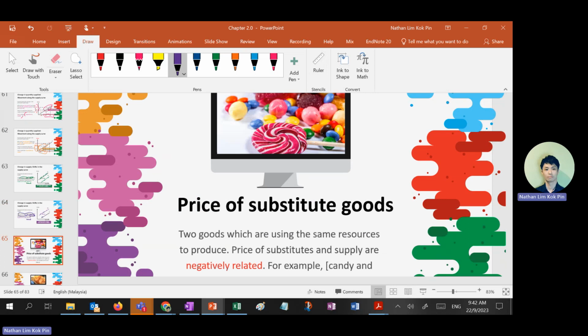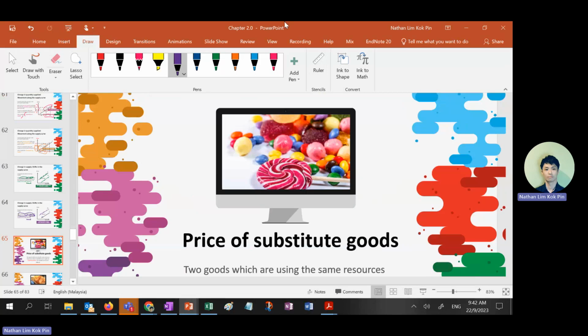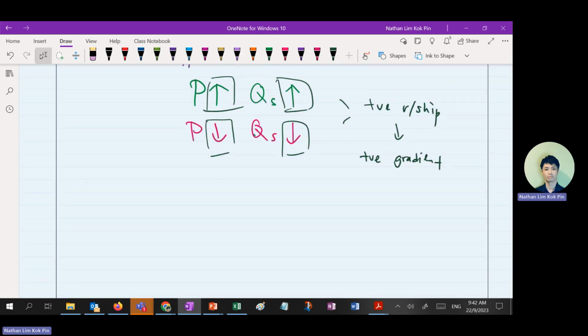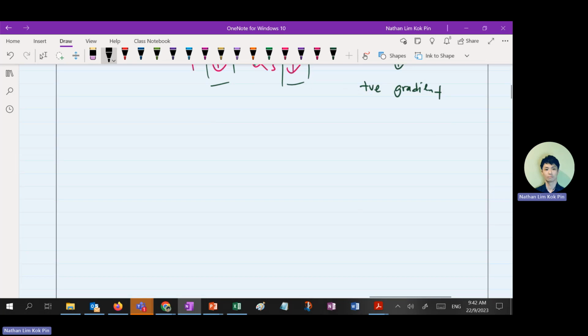Let's say the first one is the price of substitutes. Here, when you write about supply, the substitutes definition has to change a little bit. Please take note the substitute definition is different.